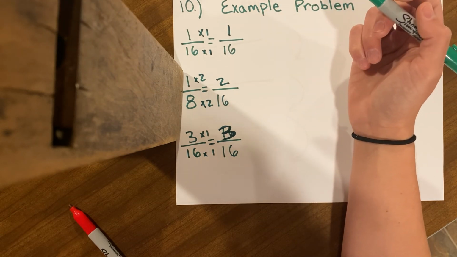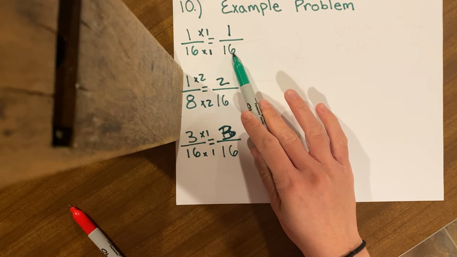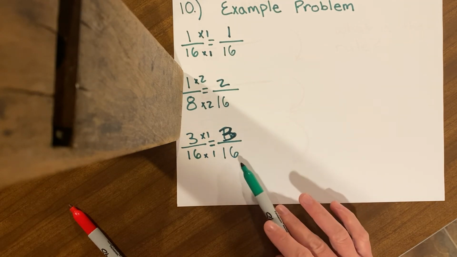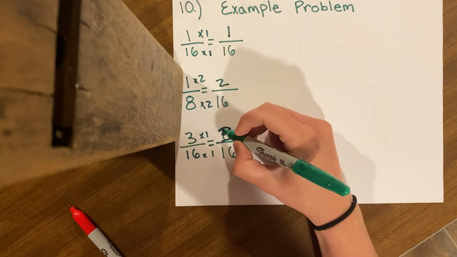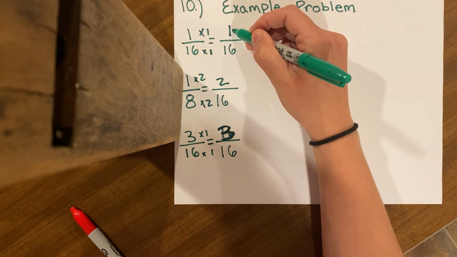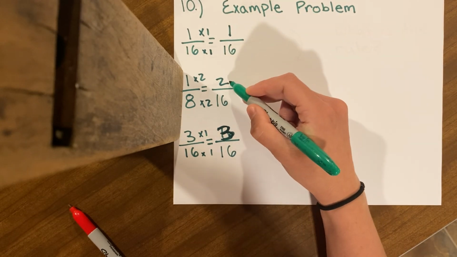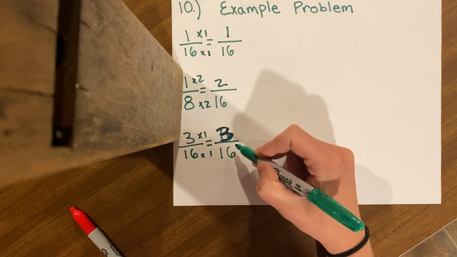Okay, so now we turned them so they all have the same common denominator. Let's look at our numerators. What's the rule here? What's the pattern? Our first numerator is 1. Our second numerator is 2. Our third numerator is 3.